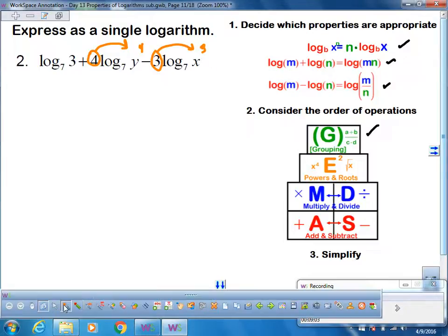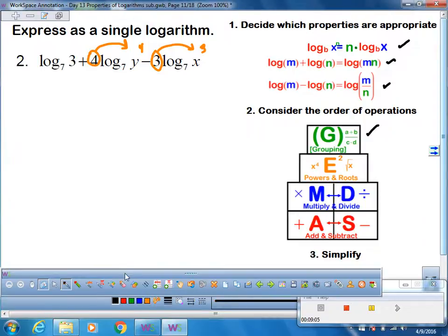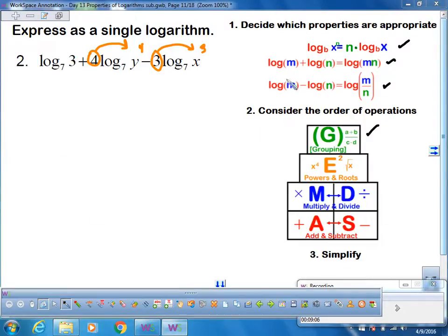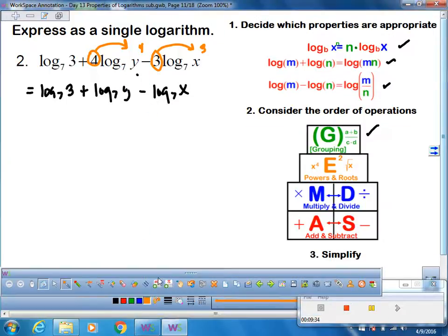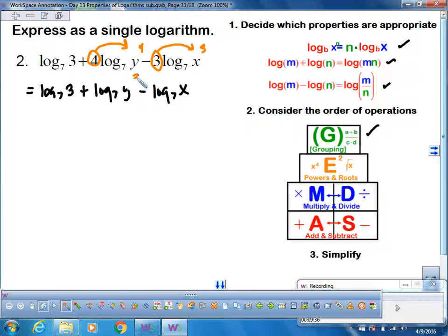All right, so I'm going to go ahead and rewrite this. So I've got equals log base 7(3) plus log base 7 y to the 4th minus log base 7 x cubed, where the 4 and the 3 were originally multiplication out in front.